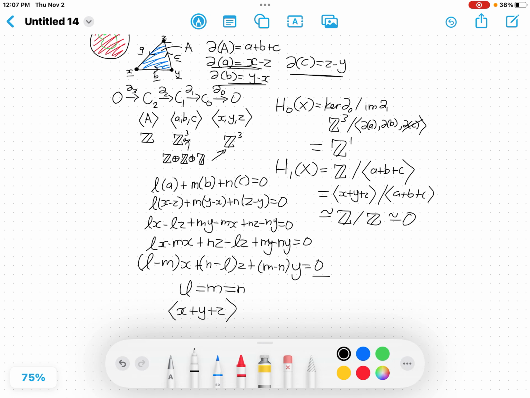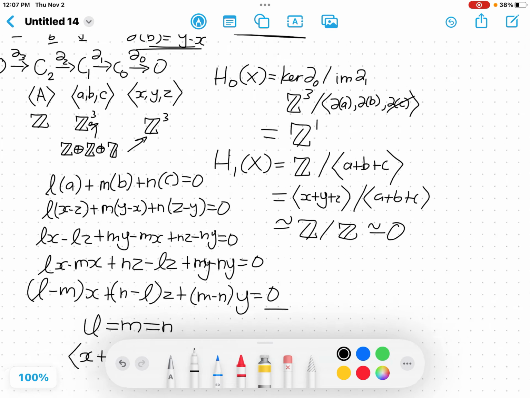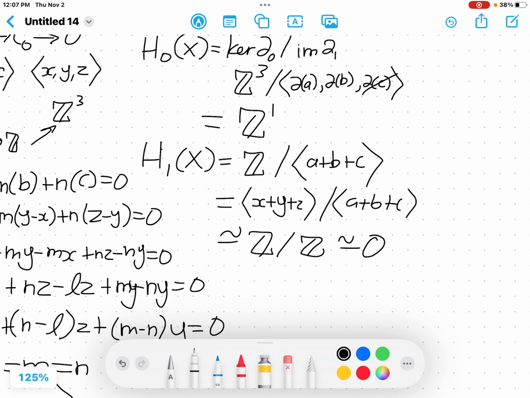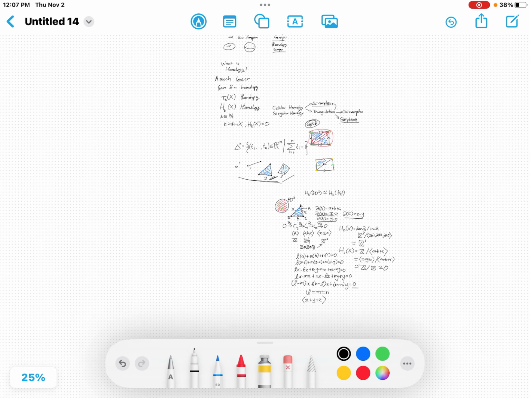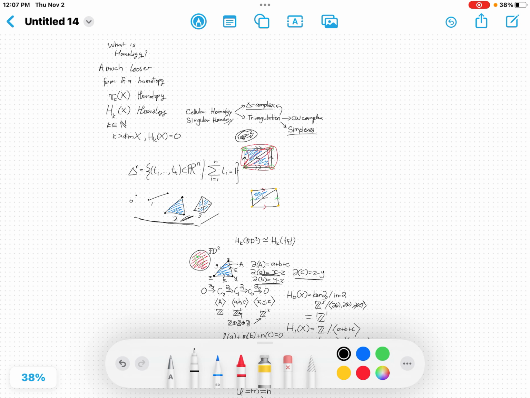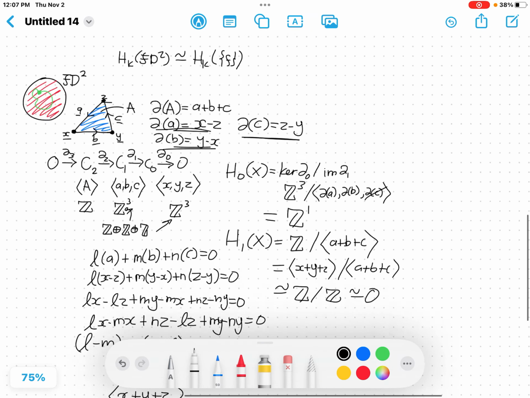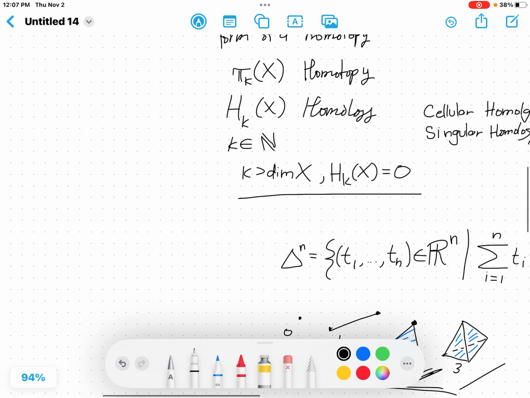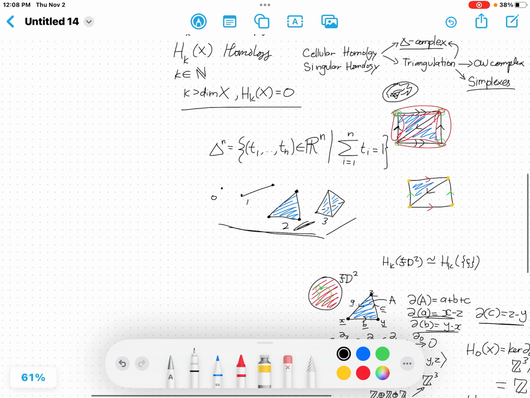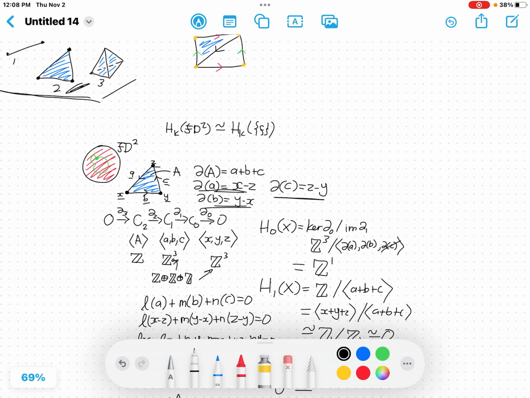So about H2. Now really there are no two-dimensional holes here as well. So the higher homology groups just vanish. As I said, we only have 2 dimensions here, and from this fact I said a while ago, when K goes beyond the dimension of X, its homology groups immediately vanish.